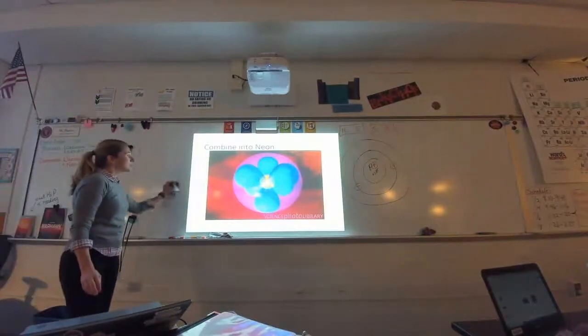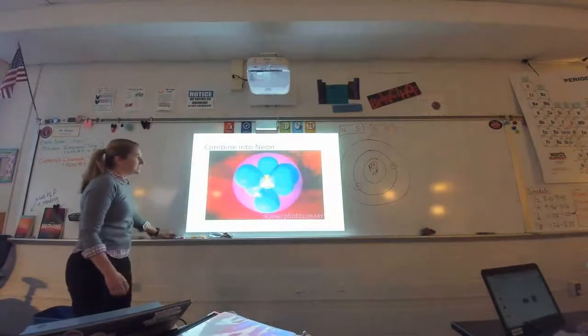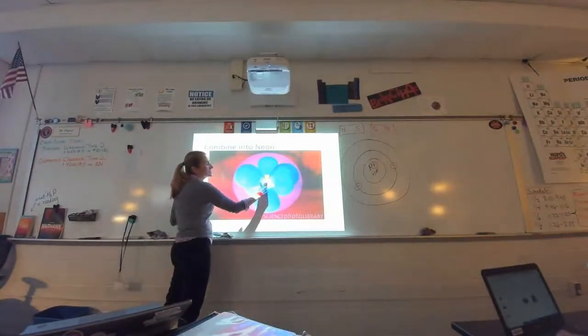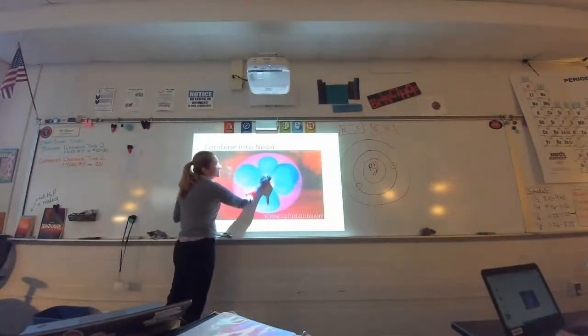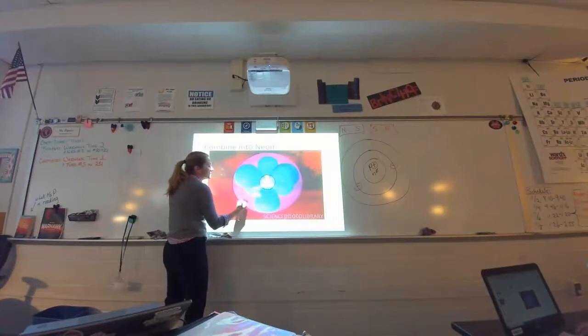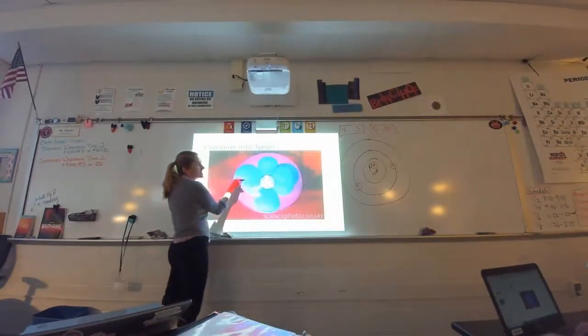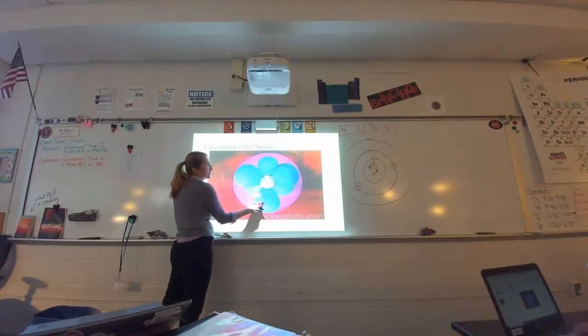So here we see neon. We're using neon as an example. Here's the nucleus. Here is our first energy level, and it's an S shape. Here's our second energy S shape, and then we can see that we have those P dumbbells.